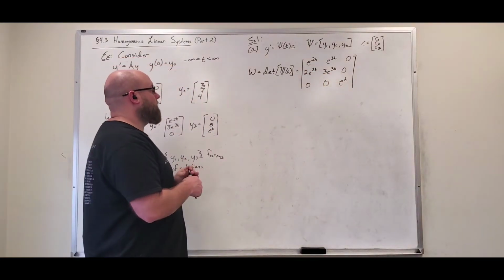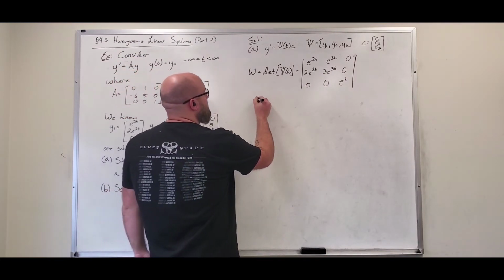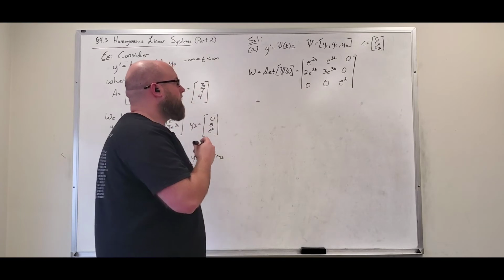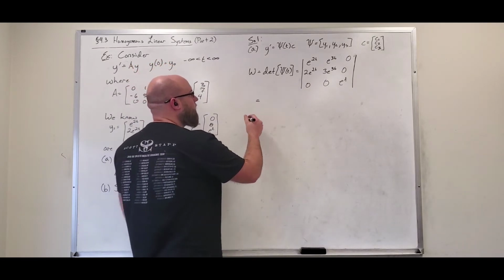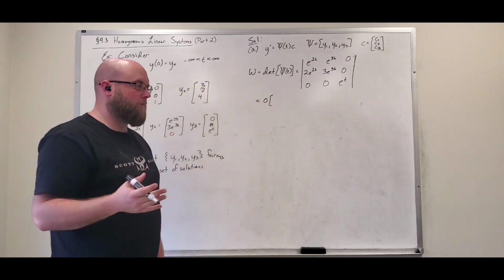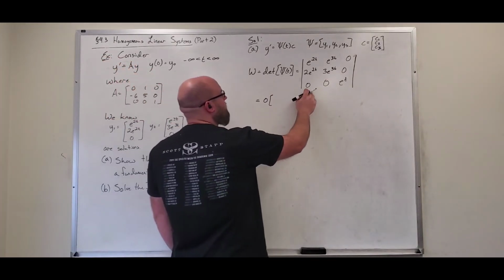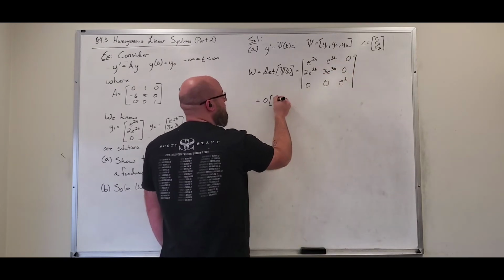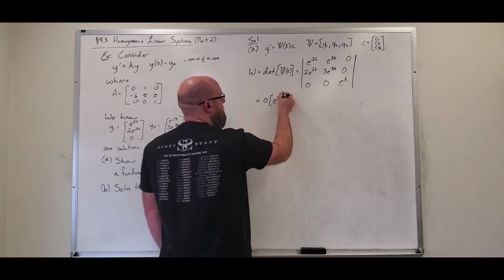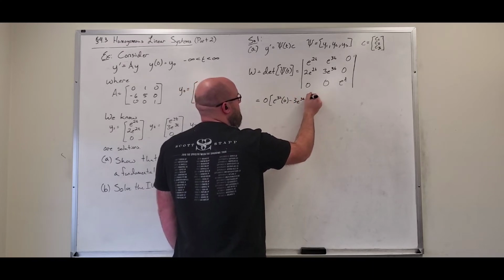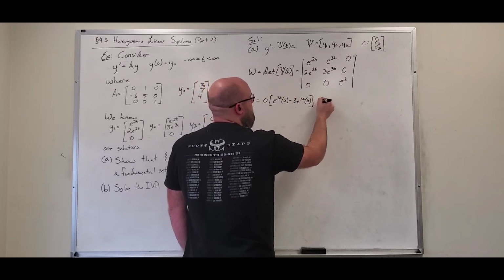So this is equal to, now if you wanted to see that, that's fine. So I will write that, but just to show you what I mean by that. So we'd have 0, so if I chose this, then I'd have the determinant of this minor here. So it'd be e^(3t) times 0 minus 3e^(3t) times 0 minus, okay?